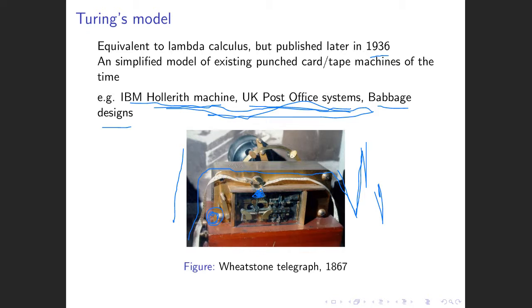It's actually quite complicated to program, because it's not a RAM. You can't go directly to location 57 and write in it. You have to go left, left, left, left, left 57 times to actually get there before you can read and write. But again, Turing doesn't care about the speed of it, because that's not the point. The point is to try and answer this question of whether there are uncomputable problems out there.